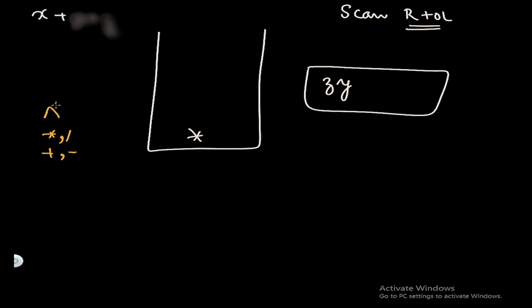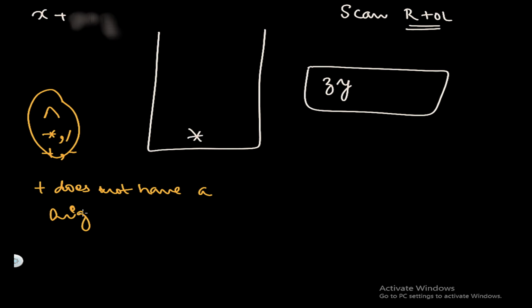So this is the order. Now plus does not have a higher precedence than that of multiply. So we will simply pop it. We have popped it and it has come up here.